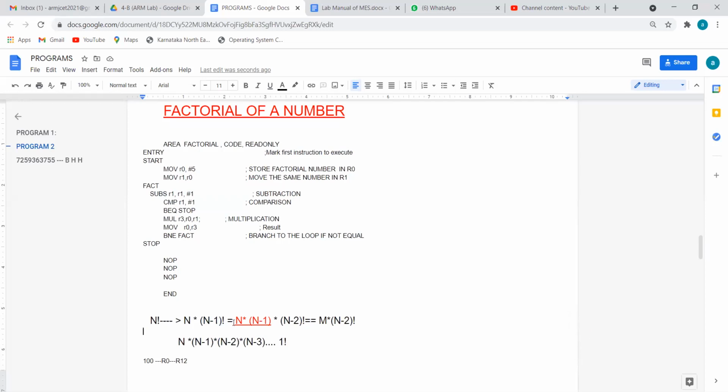Continue like this, n star (n minus 1) star (n minus 2) whole its factorial. Now do not try to expand this; instead keep this factorial term as it is. Get this product, which is n star (n minus 1), and replace that with some number called m.